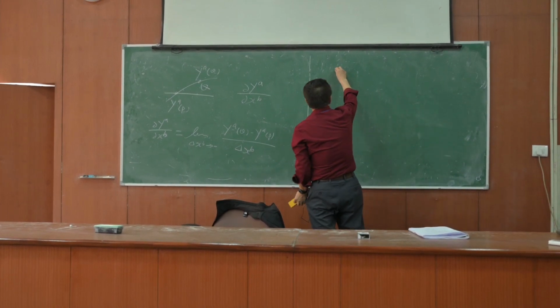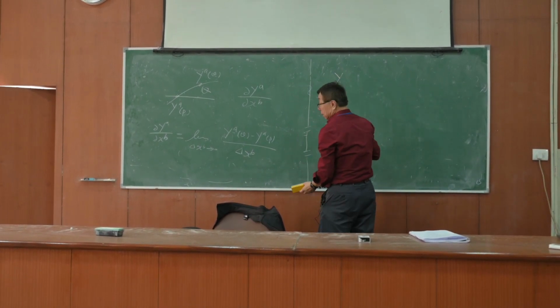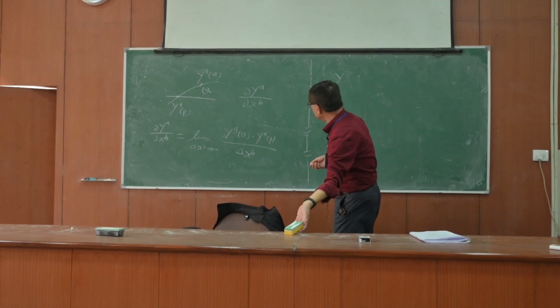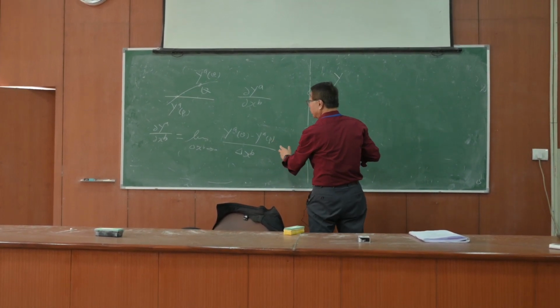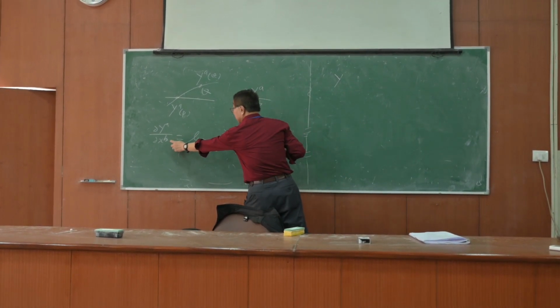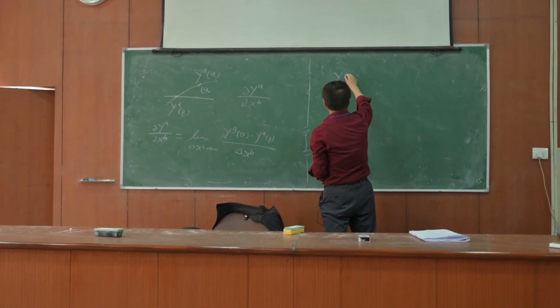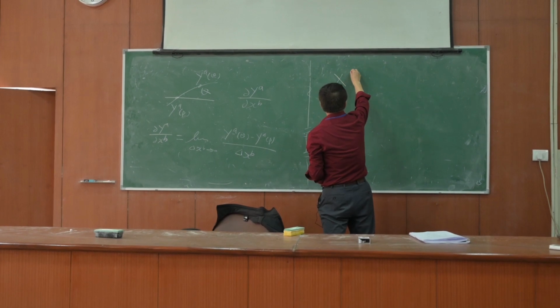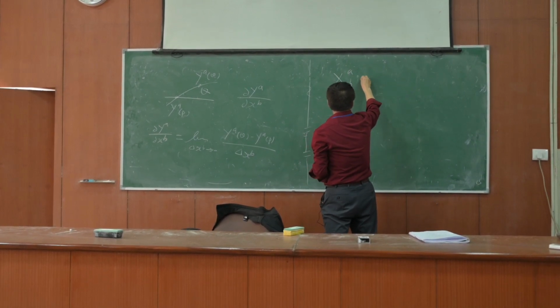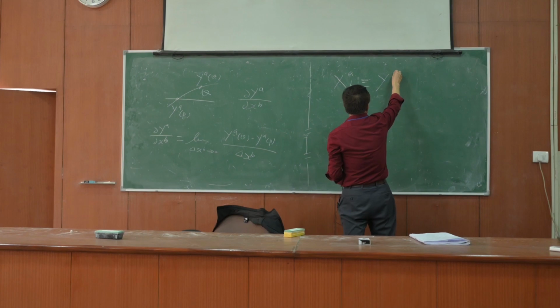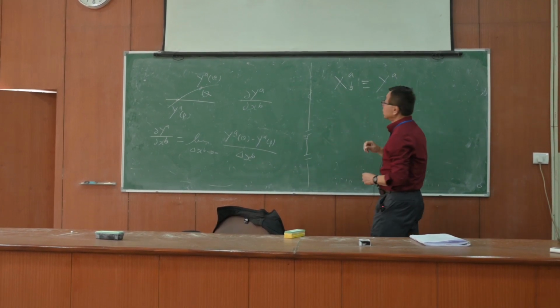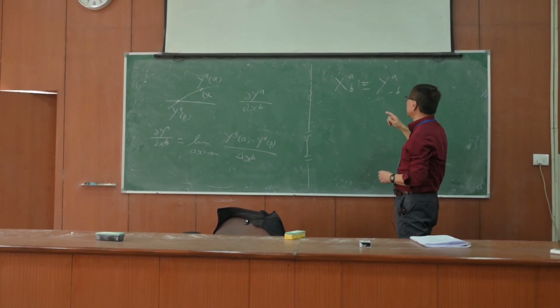So these are two different points. Now suppose I call X^a_b equal to the partial derivative of y^a. Suppose it is a tensor.